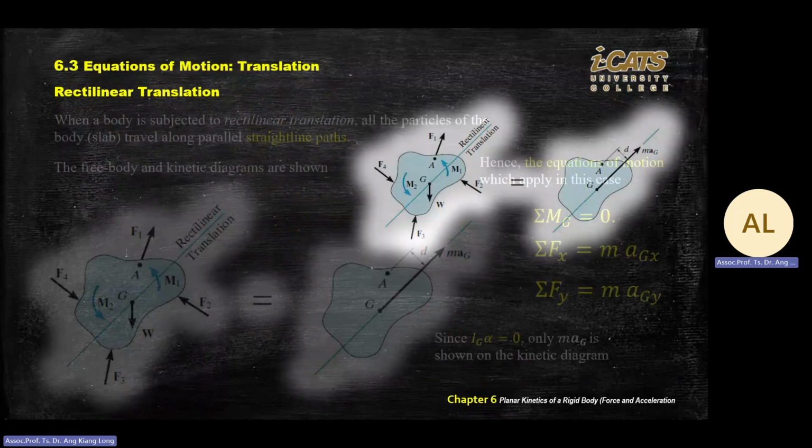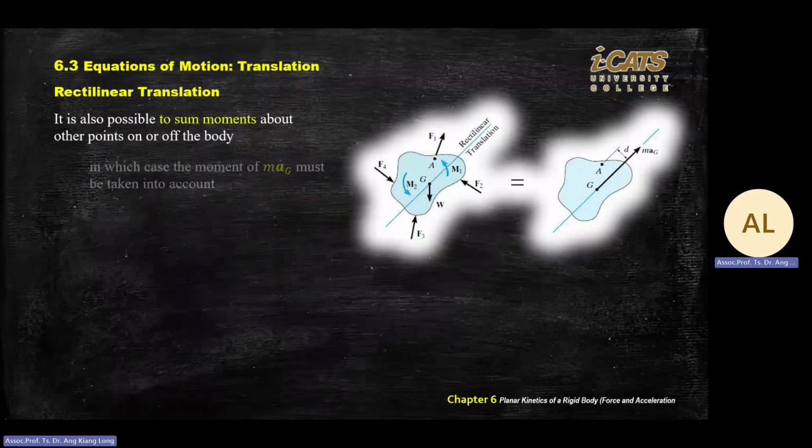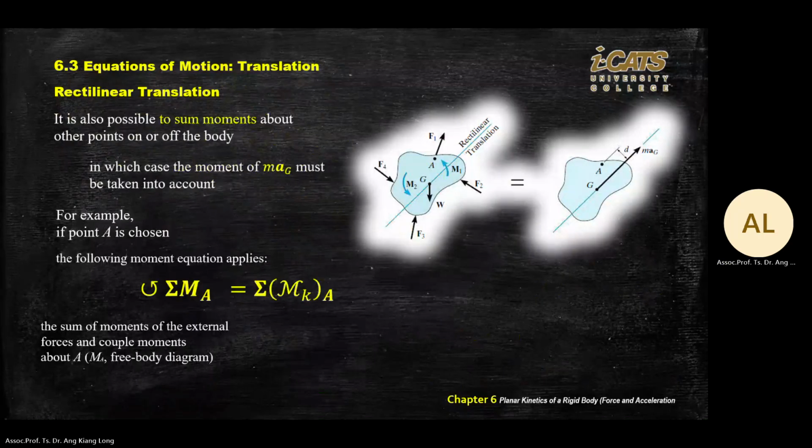Still the same. MA equals MKA, it means there are two diagrams, one on the left, one on the right. Now, what is a little bit different from the previous one? When you need to use the moment equation in your free body diagram, you need to give me the distance of your forces that generate moment. Looking at this diagram, this D is extra from the previous chapter.